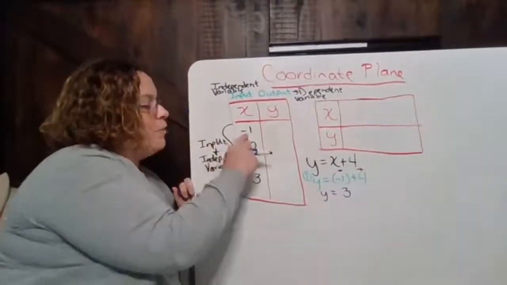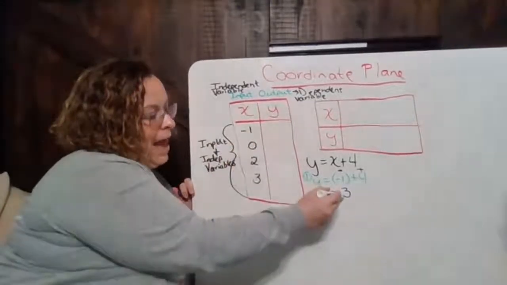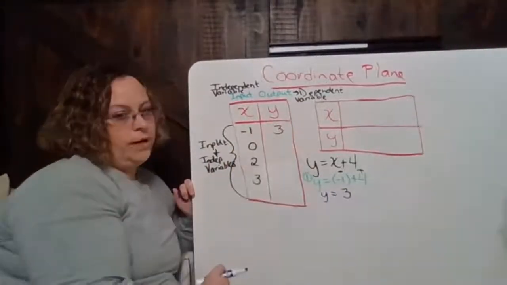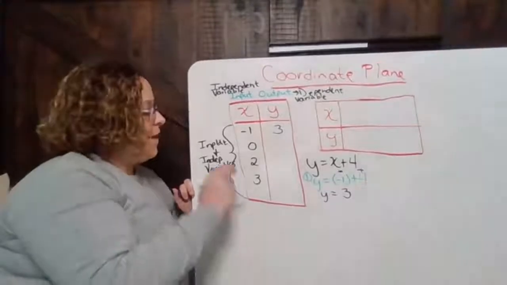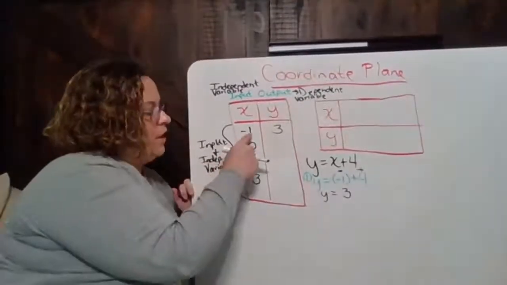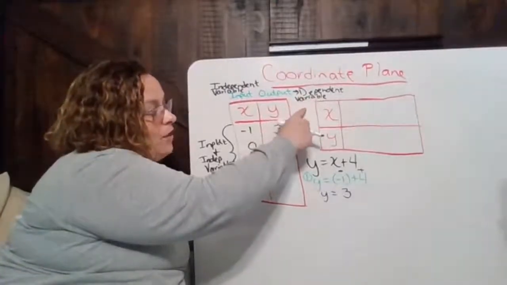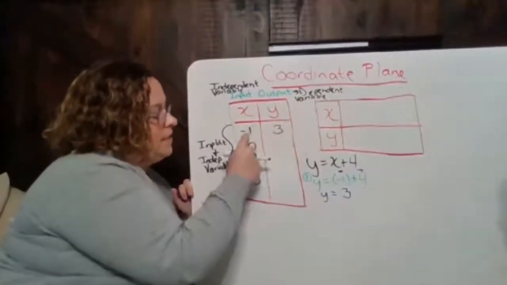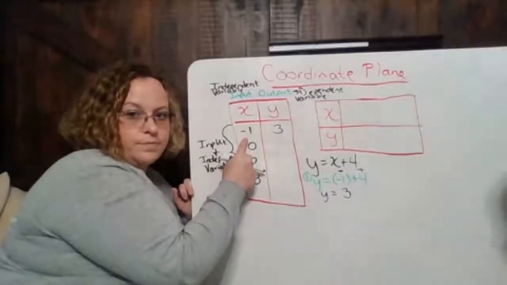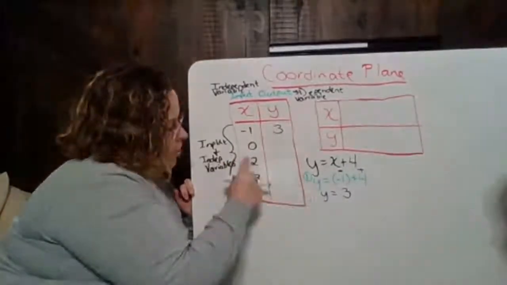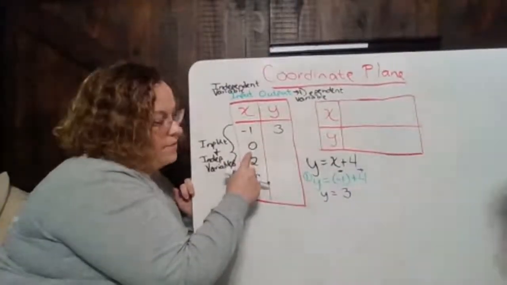So if my input value is -1, my output value is 3. If my independent variable value is -1, then my dependent value is 3 because it depends on this number right here. Now, let's go to the next one. So we have 0.